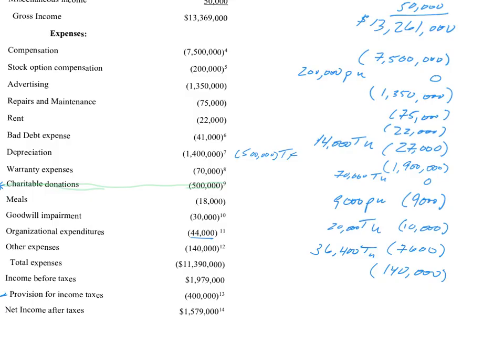They're deductible for book purposes, but not deductible for tax purposes. So our deduction related to federal income taxes is zero. So that's going to give us a $400,000 permanent and unfavorable adjustment related to taxes.